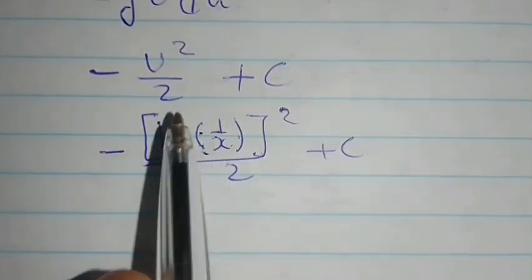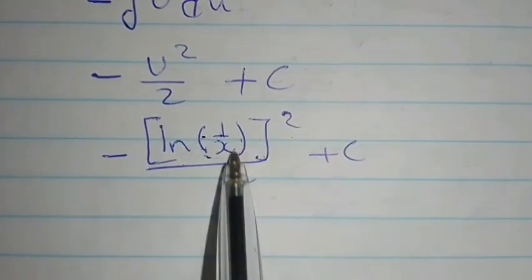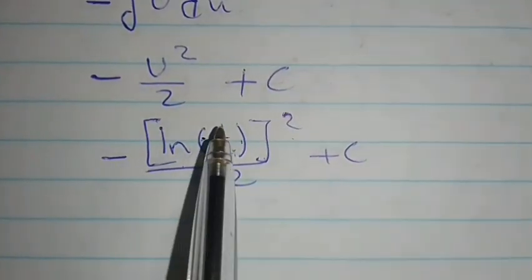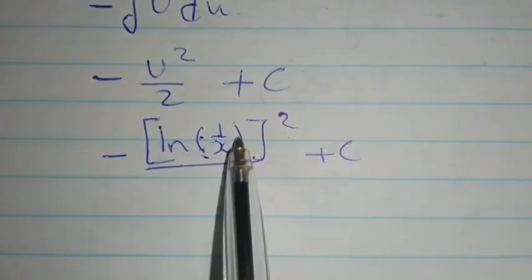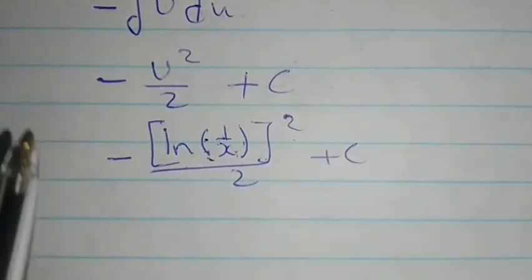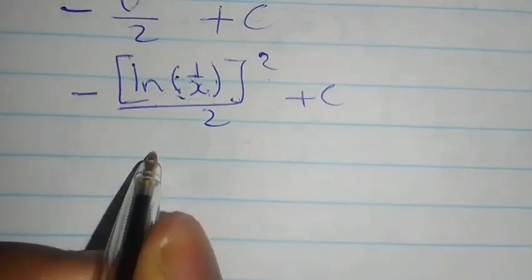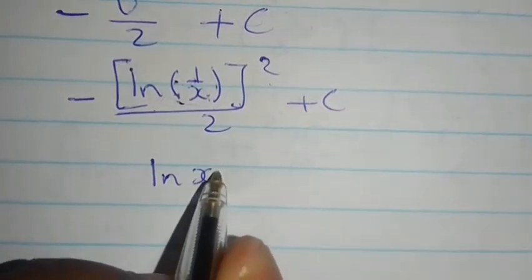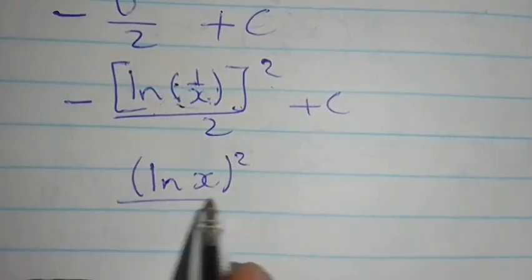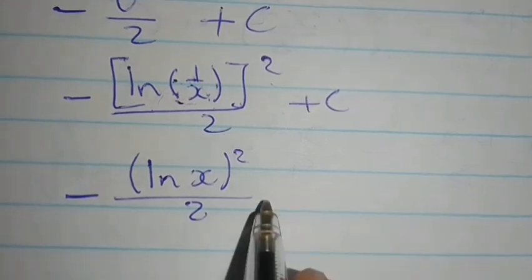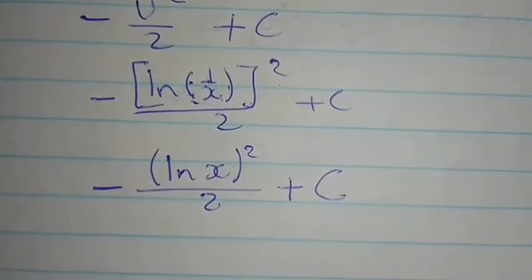The natural log of 1 over x is the same as minus the natural log of x. Notice that you have a square there, which is going to cancel that negative, and then you'll have negative the natural log of x squared divided by 2, and you add your constant there.